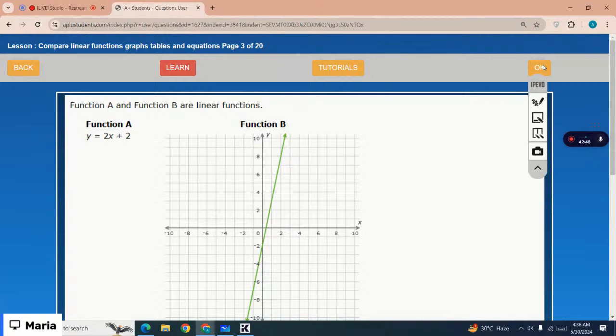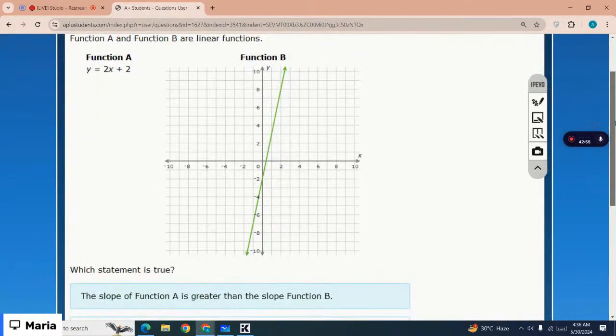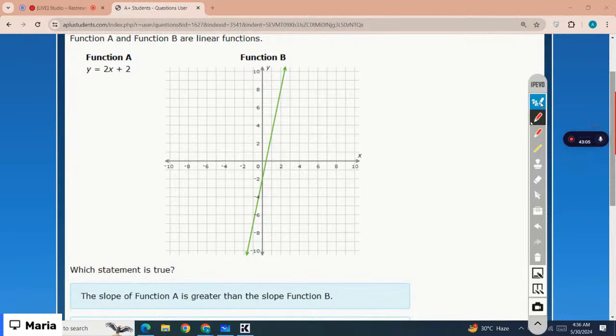Okay, the next one is function A and function B are linear functions, right? So you have to see which statement is true. Again, you need to find the slope of the functions. So the slope of function A is 2. The slope of function A is 2 and the slope of function B is that is 4 over 1, 4.